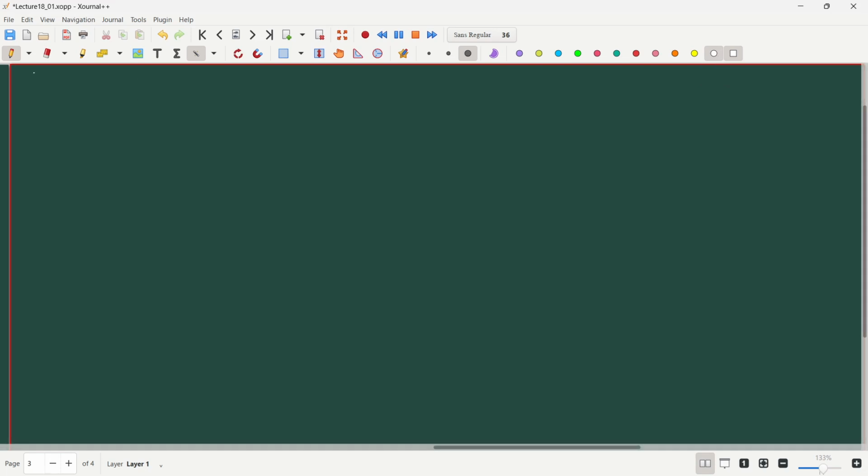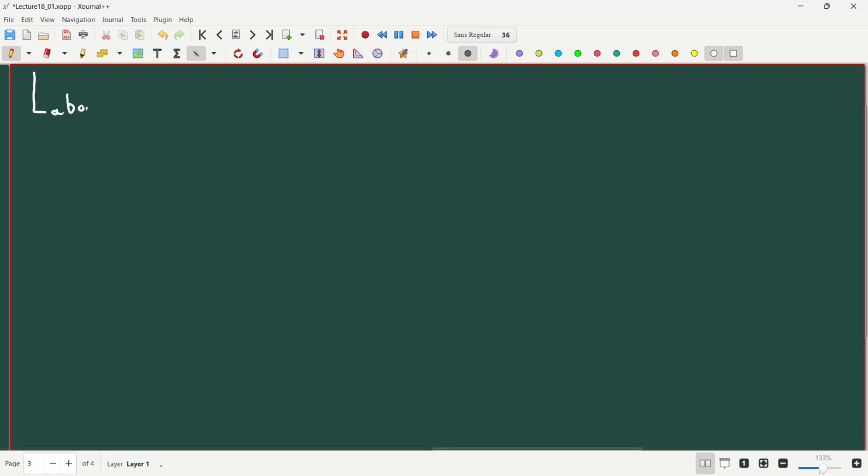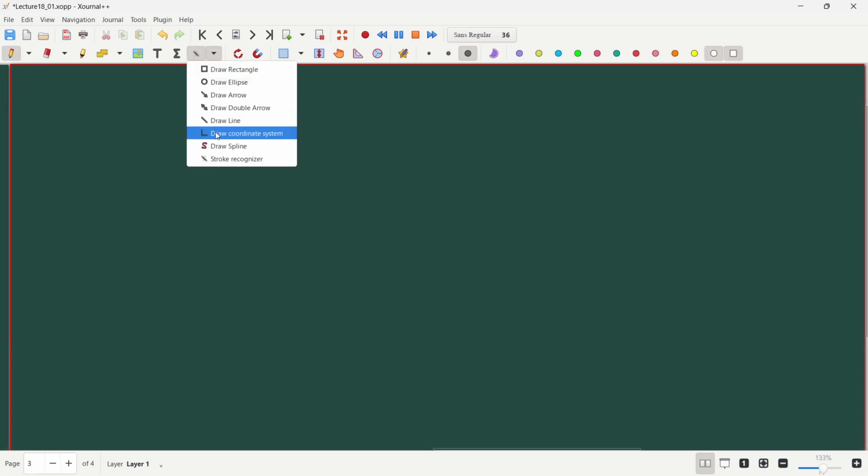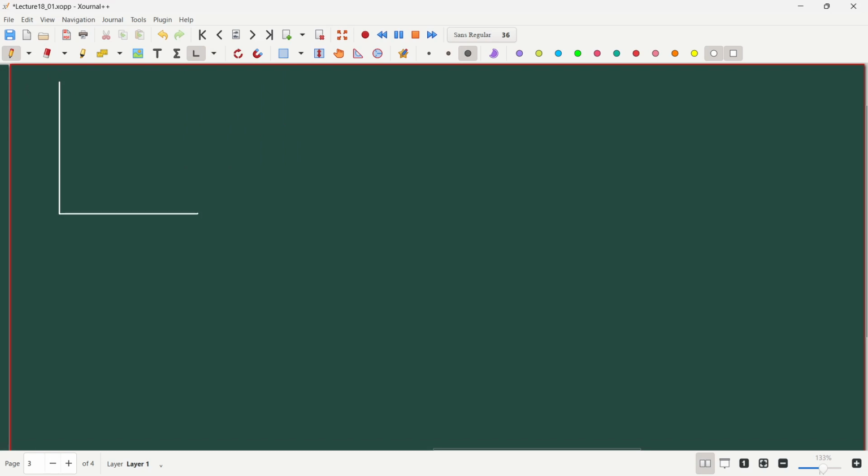Okay, so what I want to do is shift my frame of reference just one more time. We're going to move to a laboratory. Actually, no, I'm not going to say that yet. I apologize. So let me just draw a coordinate system.